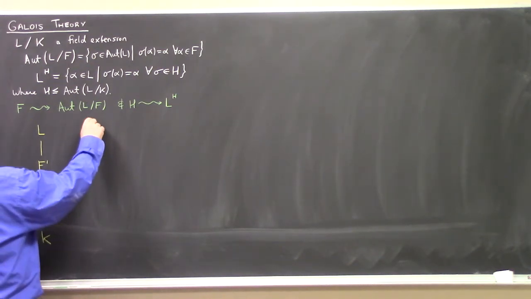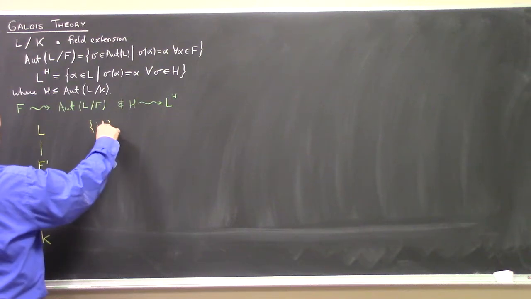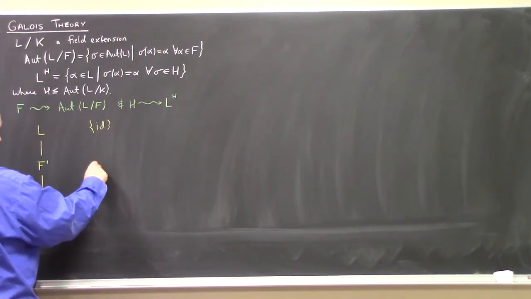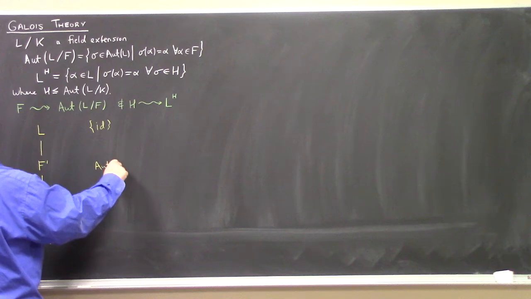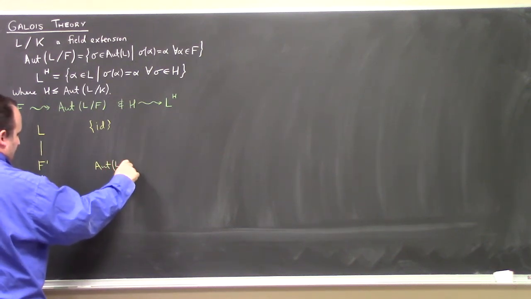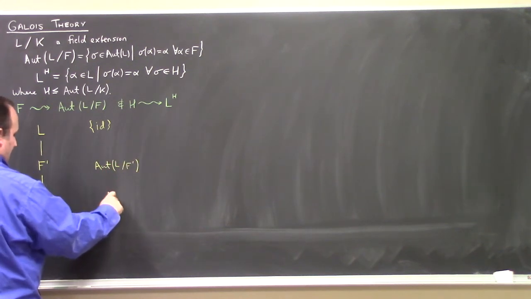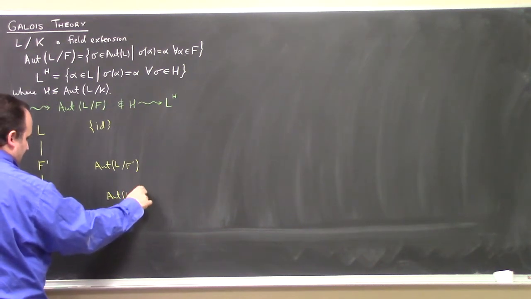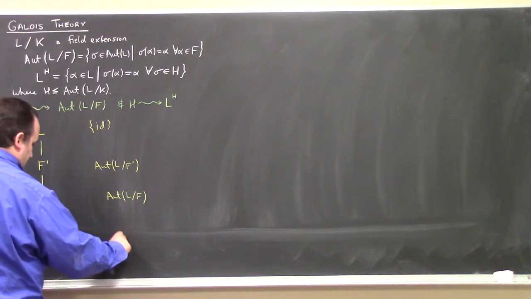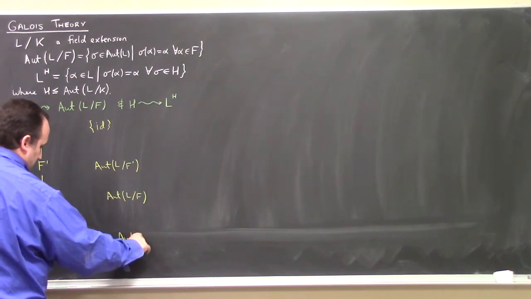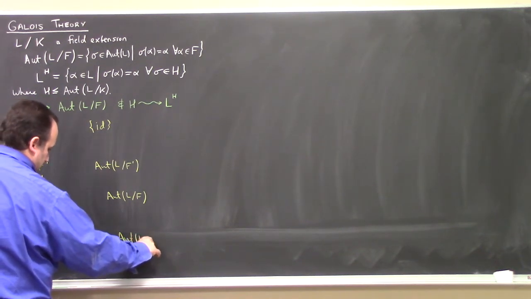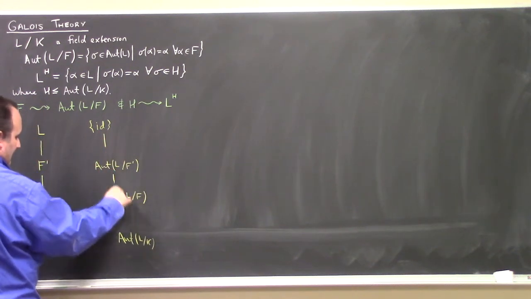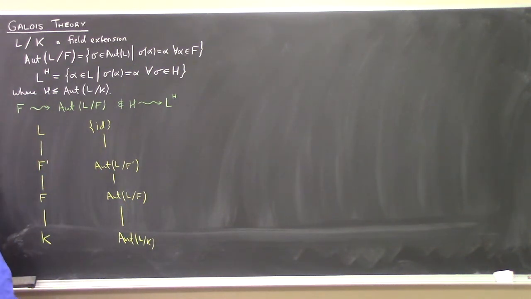And over here we'd have like id, then Aut(L/F prime), Aut(L/F), Aut(L/K).